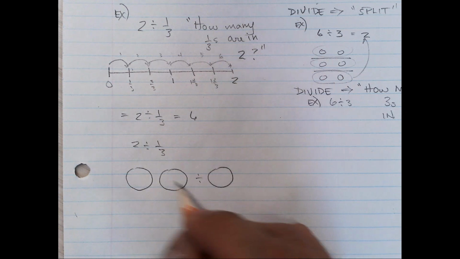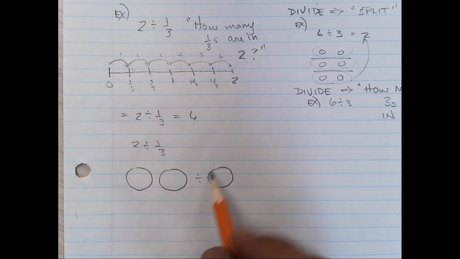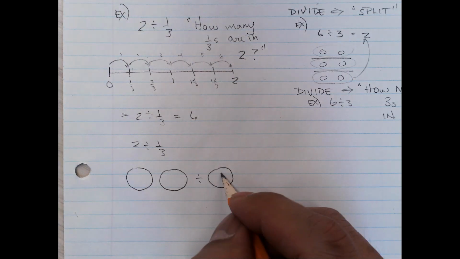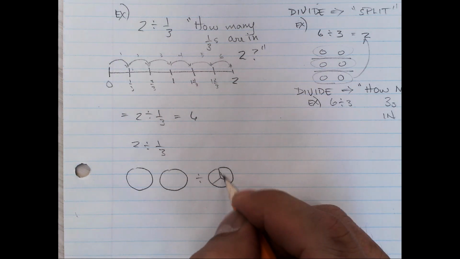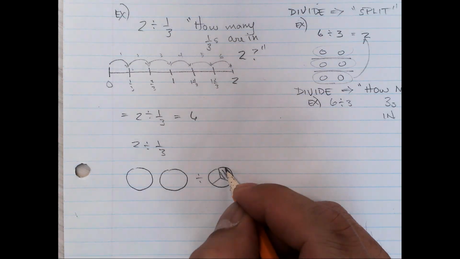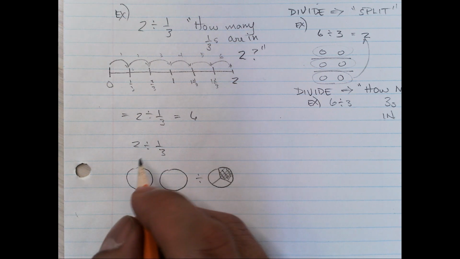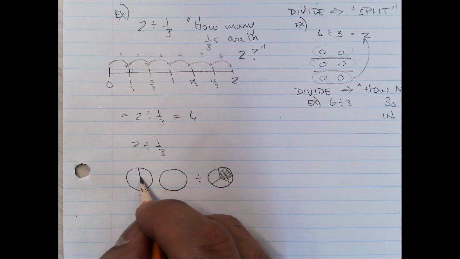I'm just going to write this out the way the equation is written, even though these are circles. So here's my 1/3. Now it's asking, how many of this can I fit in here? Well, I have to try to make these look exactly like this fraction, so that'll make it more accurate.